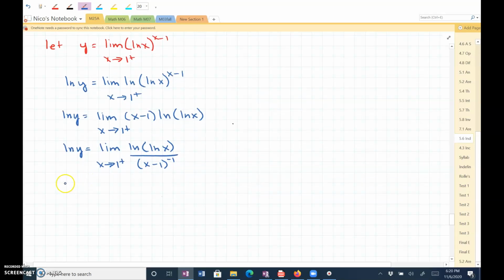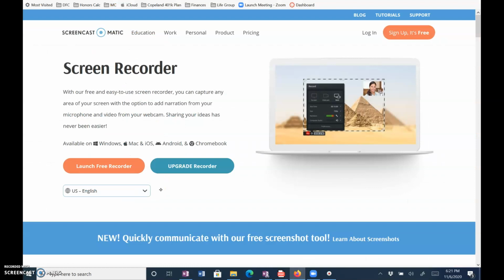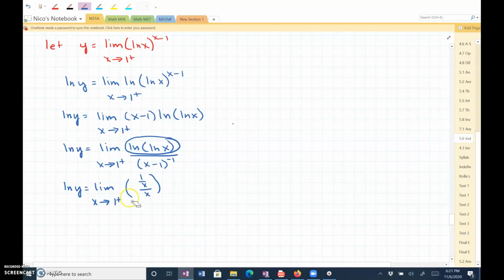Now I'm going to apply L'Hôpital's Rule. So the natural log of y equals the limit as x approaches 1 from the right, take the derivative of this. So this would be u prime over u. The derivative of the natural log of x is 1 over x, and then u is x here. Divided by, and then take the derivative of the denominator. This would be negative 1 times x minus 1 to the negative second.